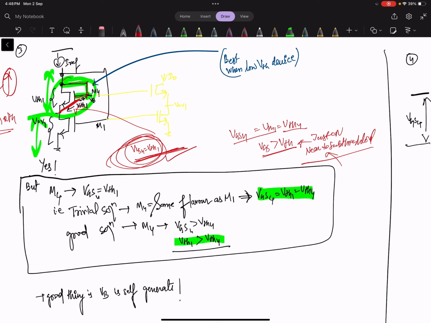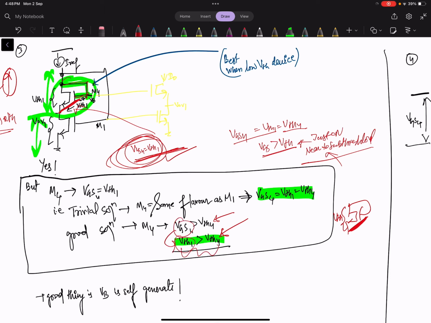Okay, if we change the flavor of M4, then what is the requirement? We see from the above circuit that this is the VGS4. VGS4 should be greater than VTH4 when it is completely in the on stage, and VGS4 is equal to VTH1.